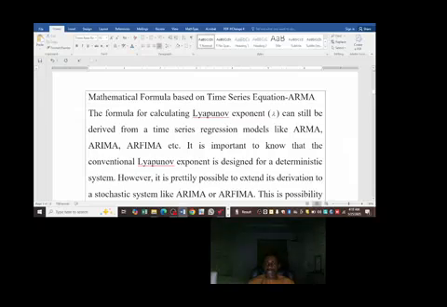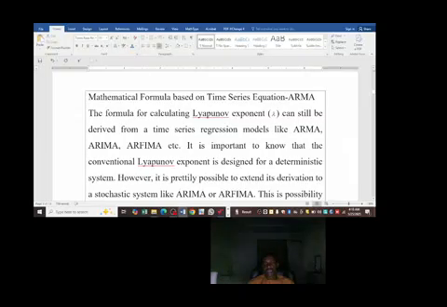It is important to know that the conventional Lyapunov exponent is designed for a deterministic system. However, it can be expanded to a stochastic system, such as ARIMA and ARFIMA.